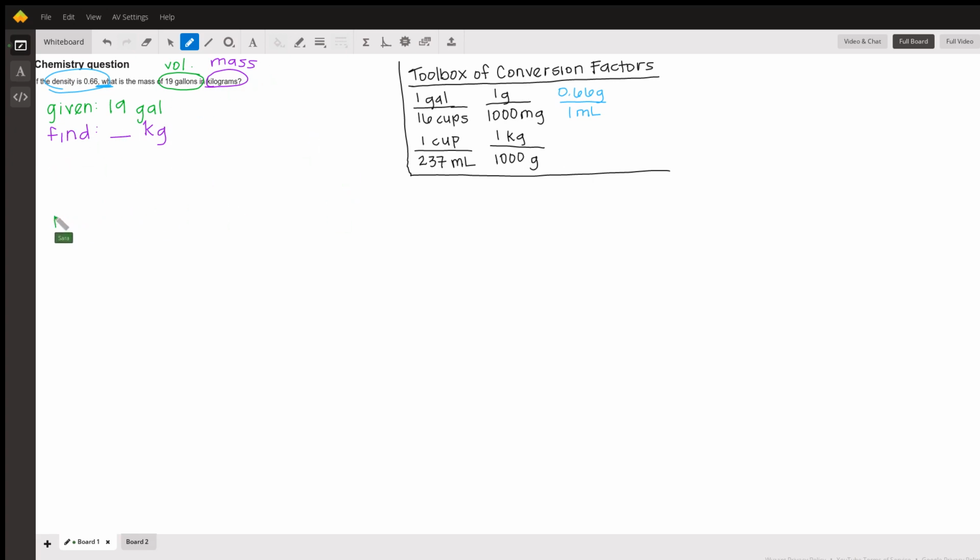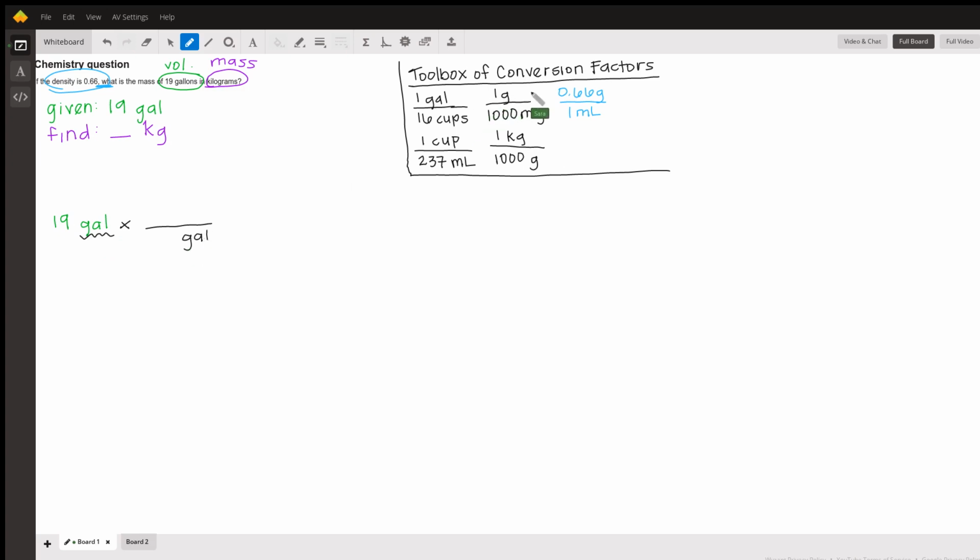So I'm going to write it down here. So this is what we were given, which is always what you start your dimensional analysis with. On the bottom of your fraction, it always needs to be the units that you had in the step right before. So gallons goes right here.